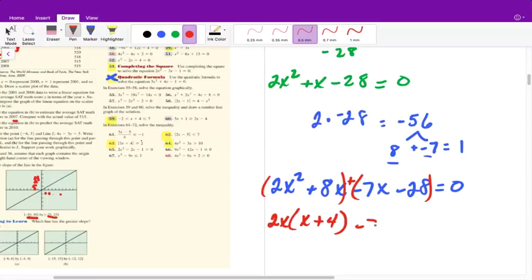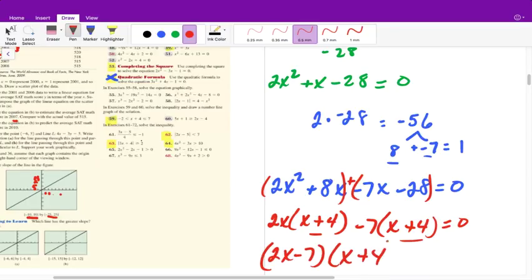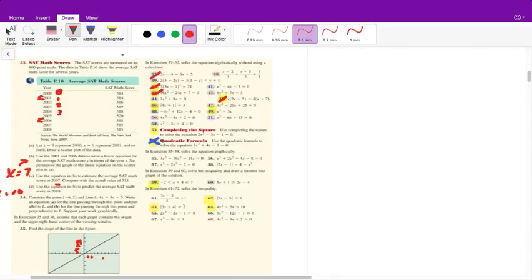Here we can factor out a negative 7, and we're left with x plus 4. Since these are the same, it's 2x minus 7 times x plus 4. So you see, regardless, you still get the same factored form. It's your preference. All right, that is it for that problem. All right, so for 46, I kind of already talked about this one.